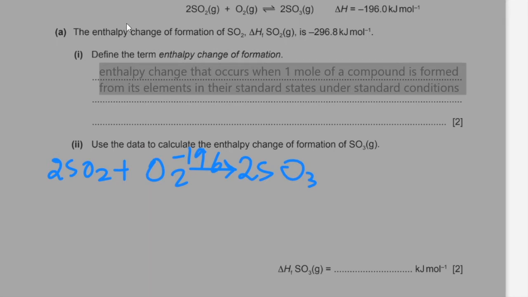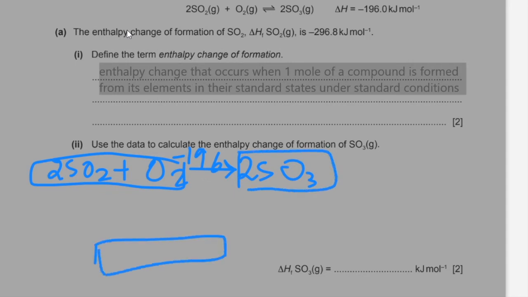I'll draw three boxes. One of them is going to be a box for reactants, another one for the products, and then here we're going to have the elements, which is of course sulfur and oxygen. You don't need to balance this, however you can if you wish to, but since it's not required and I'm only going to explain the steps, I'll just write it unbalanced.